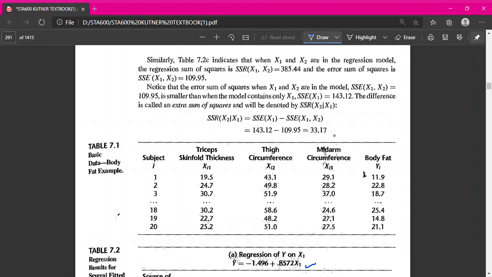Okay. So dikatakan tadi value of SSE when we regress y with x1 and x2 is smaller than the model contain only x1 sahaja, which is 143.12. Okay, so this difference between the SSE when we regress x1 and x2 and also when we regress y dengan x1 sahaja dipanggil, is called the extra sum of square.